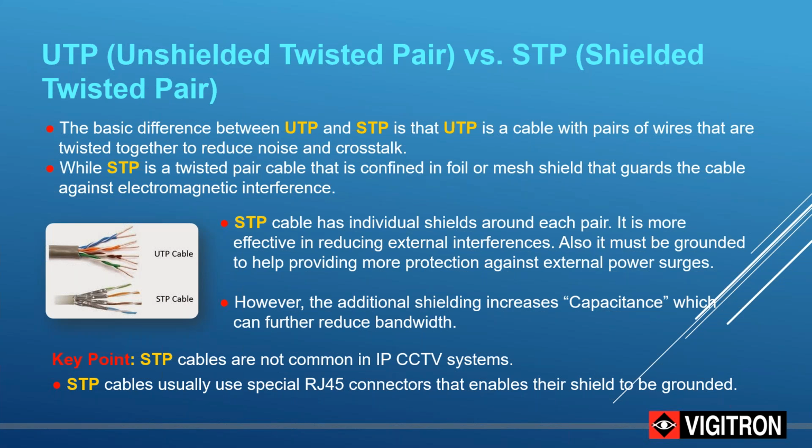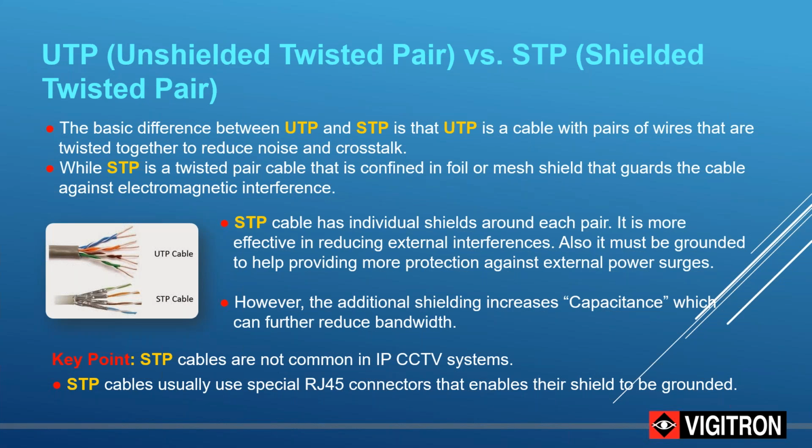STP cable, which is used a lot for outdoor installations, has greater ability as far as grounding goes to shield it from both interference and possibly surges. It also has a great deal more capacitance in it due to its shielding. The capacitance has a big effect on reducing bandwidth, so you have to take that into account.